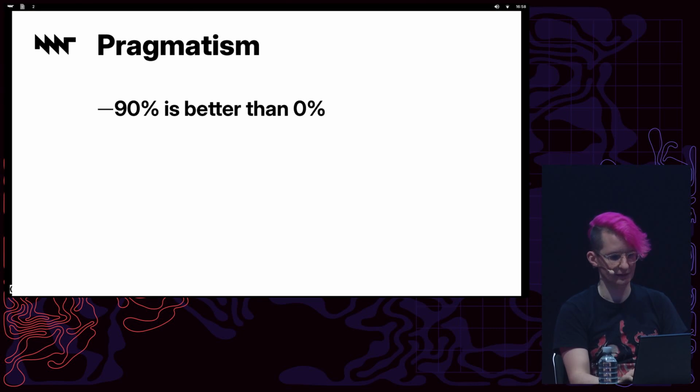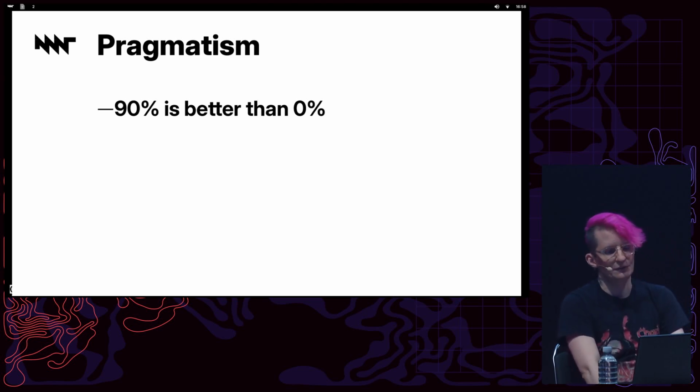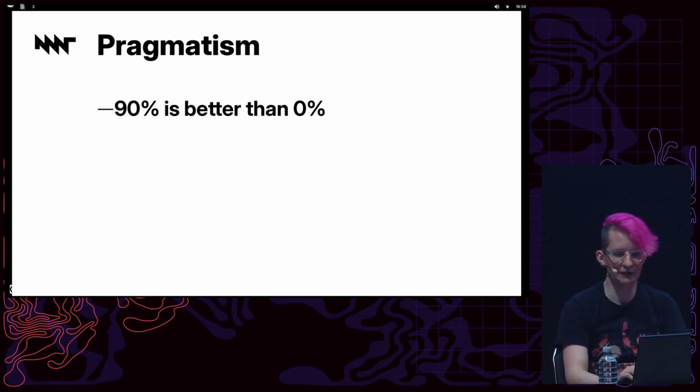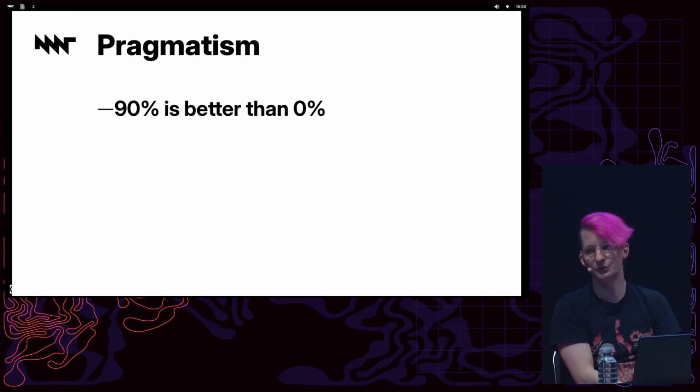So that's why I say 90% is better than 0%. If you have a lot of money and the resources, by all means go and try to make the 100% perfect system. To quote Nine Inch Nails, I tried and I gave up. Now I firmly embrace that 90% is better than 0%, and things can be slowly improved over time.